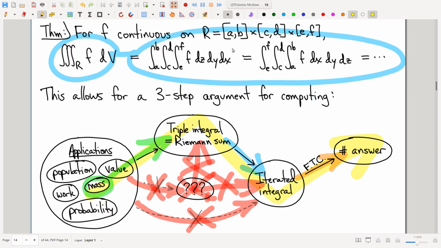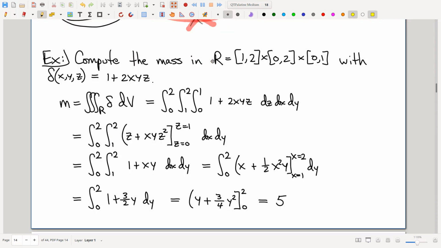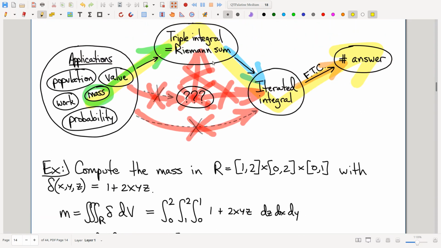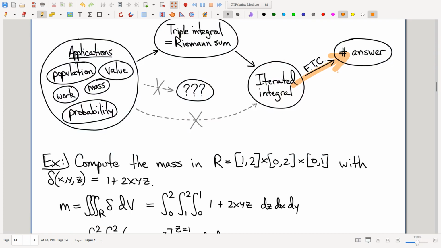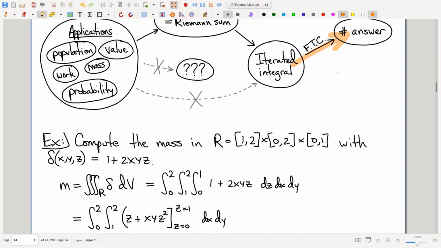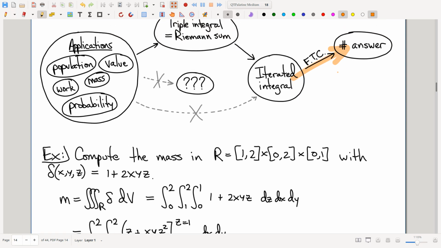Okay. So now, just as an example of how the computation breaks down, how do I compute an iterated integral to get an answer? I guess I shouldn't get too far ahead of myself, though.